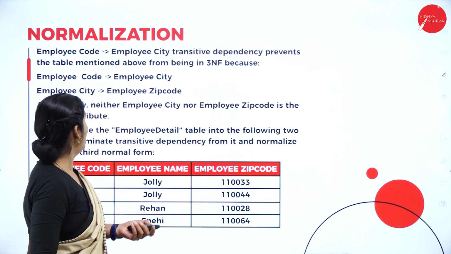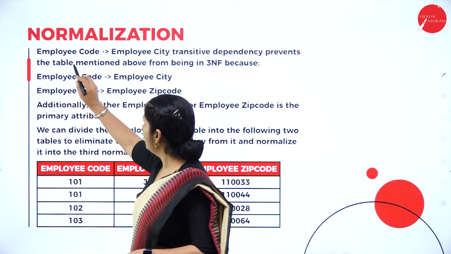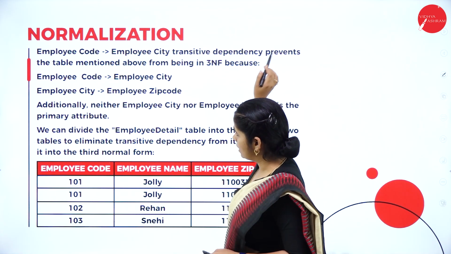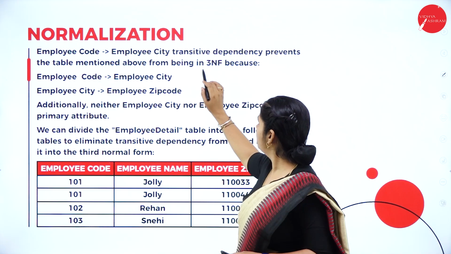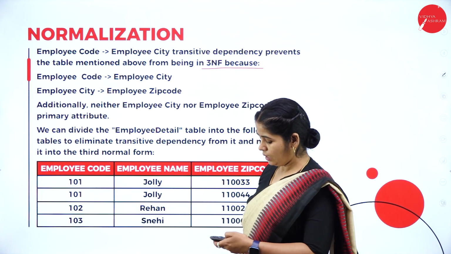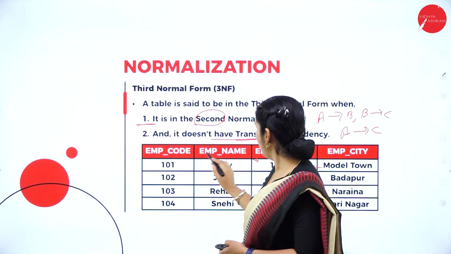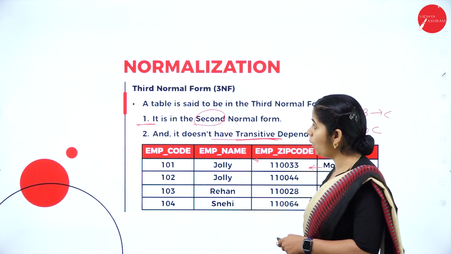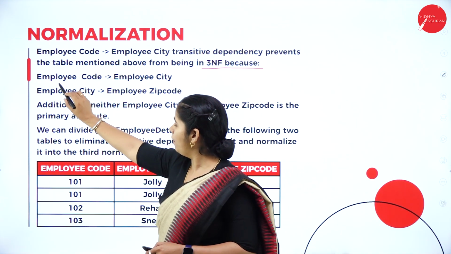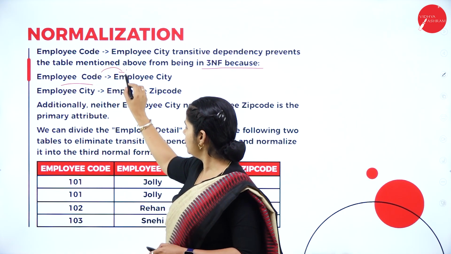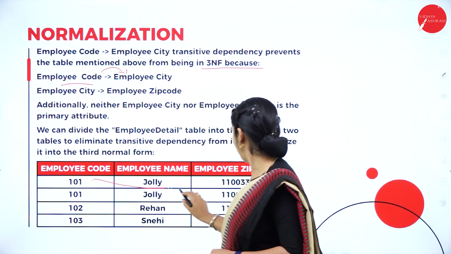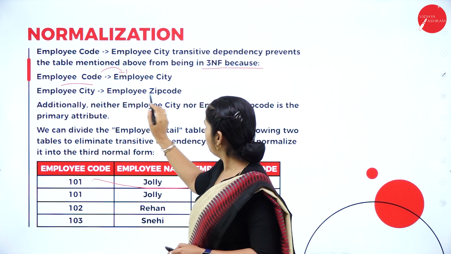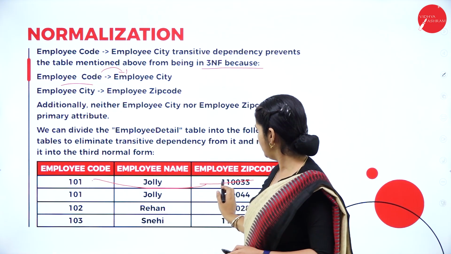So let's see the example. Here the employee code and employee city have a transitive dependency that prevents the table from being in 3NF. How is it a transitive dependency? Employee code determines employee city, and employee city determines zip code.